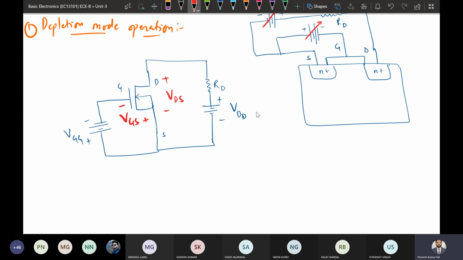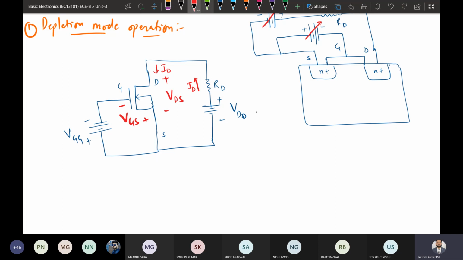The electrons will be moving from source to drain side, so the current direction will be in the opposite direction. This is your ID. The current will be flowing in this way.